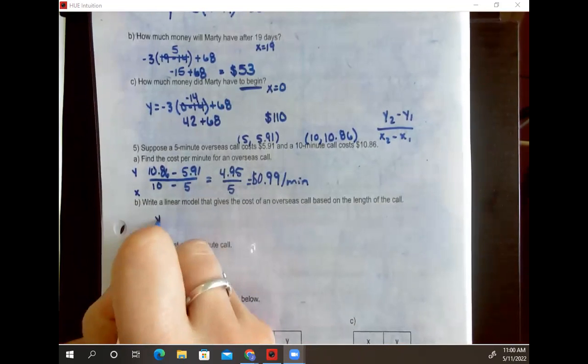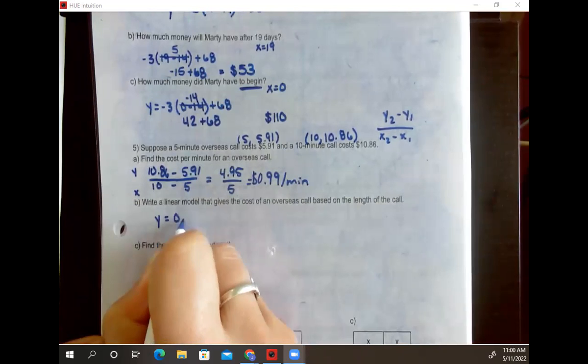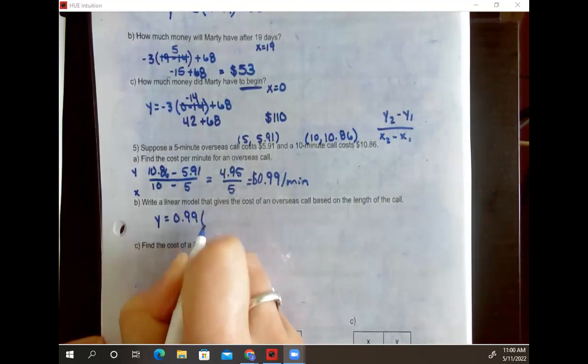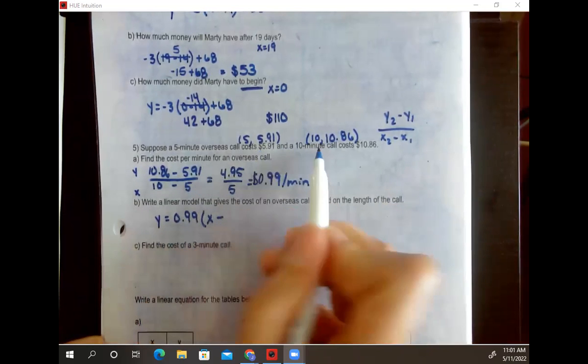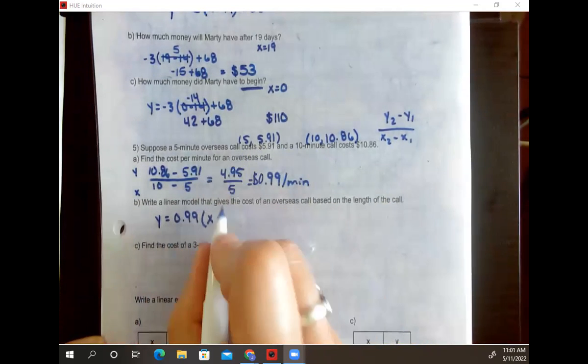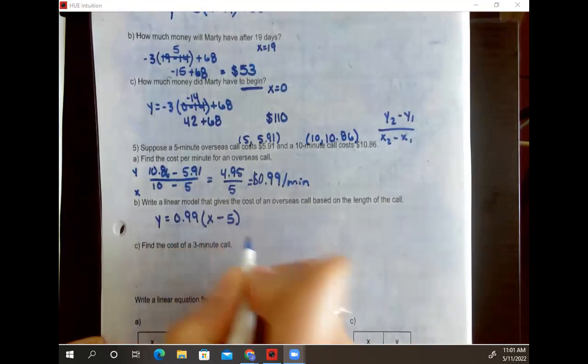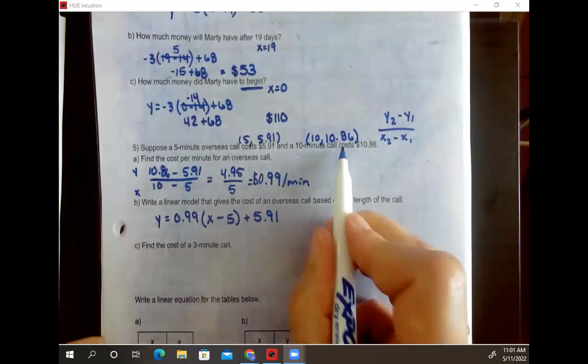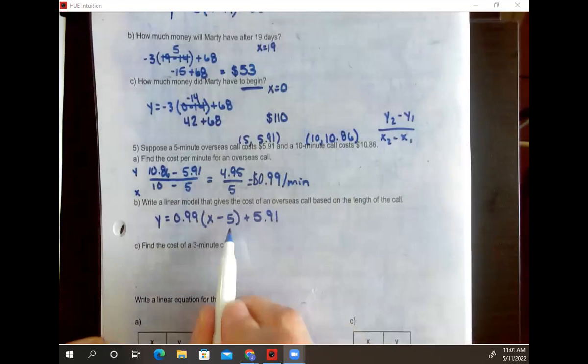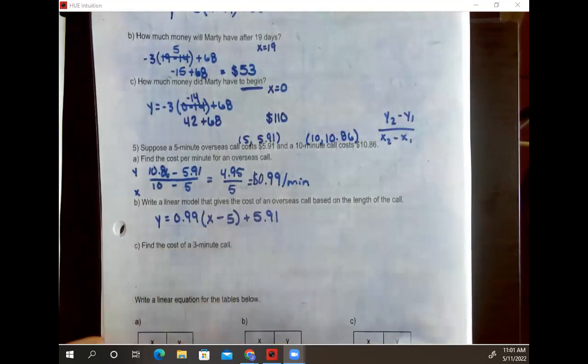So this would be y equals 0.99, and then in parentheses, x minus, and it doesn't matter which of these you use. I'm going to use the 5-minute call for no particular reason. So x minus 5 plus 591. If you use the 10-minute call instead, that's absolutely fine. This would be 10 and this would be 1086.